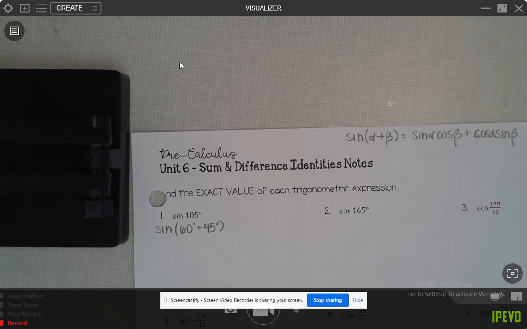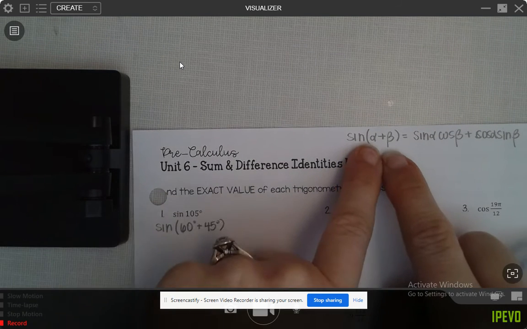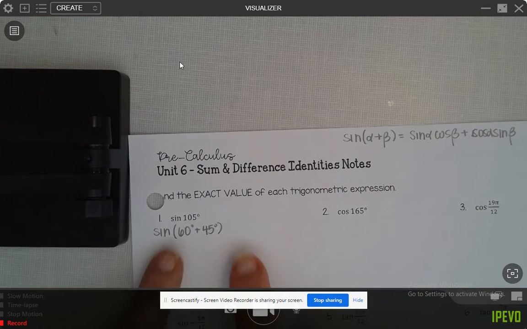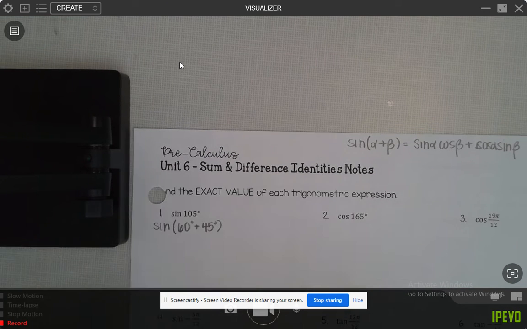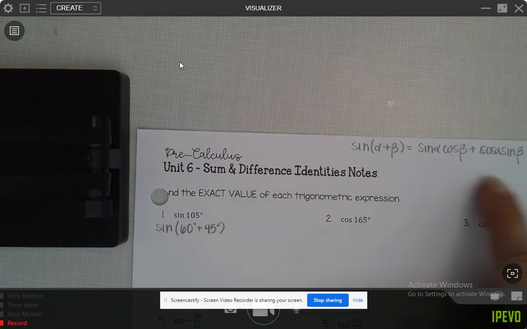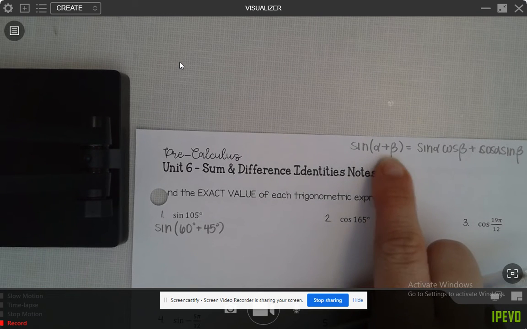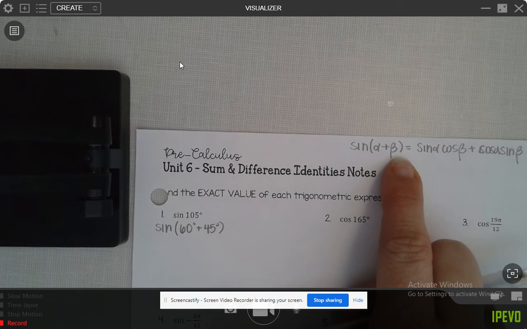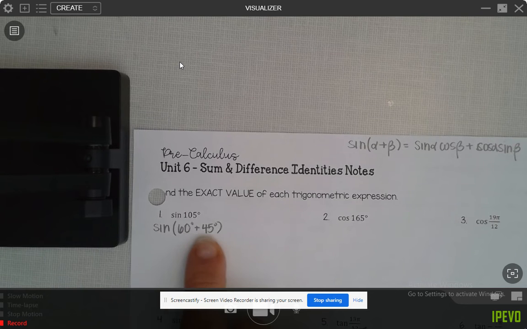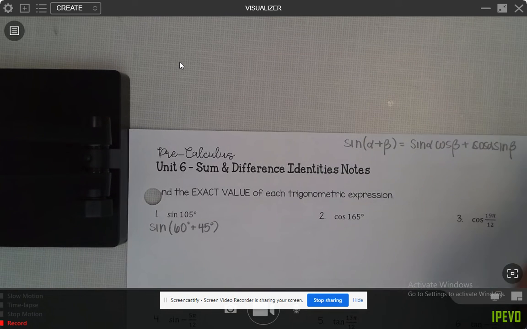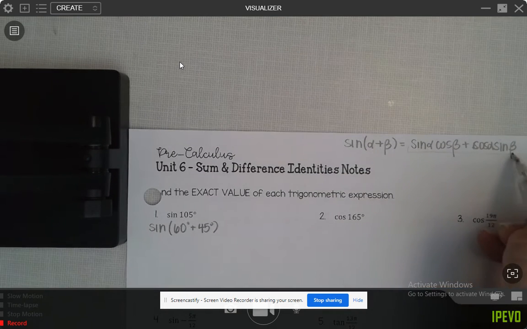It's what it should say. Alpha and beta are your two angles here. That's all I did. Does everybody see it? This is from your booklet, okay? The difference here is I have an angle plus an angle. Yeah? Here, I have an angle plus an angle as well. Agree? Yes?